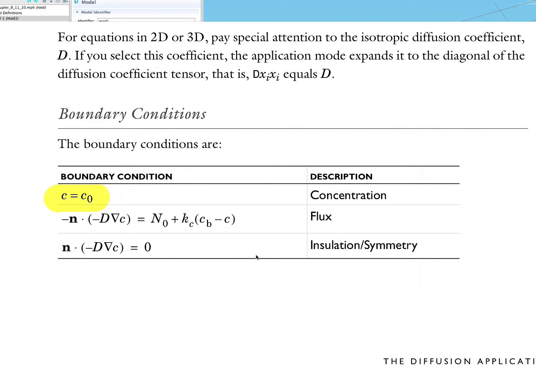There is a second type of boundary condition, a flux boundary condition, and it is given by an equation that you see here on the left hand side.